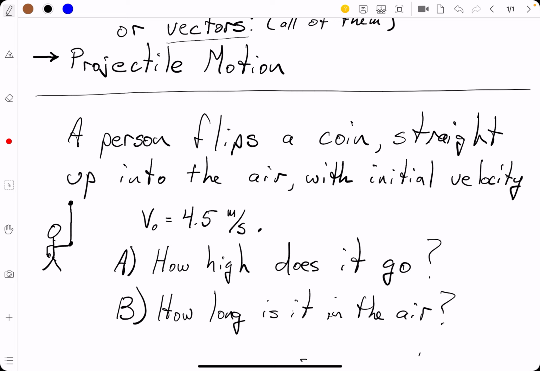How high does it go? That's length, in the y direction. How long is it in the air? That's time.